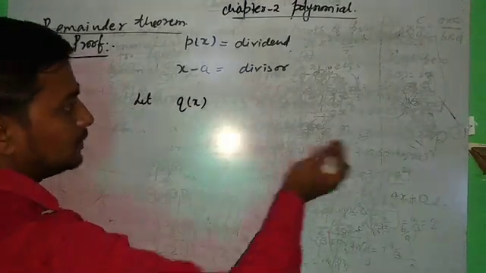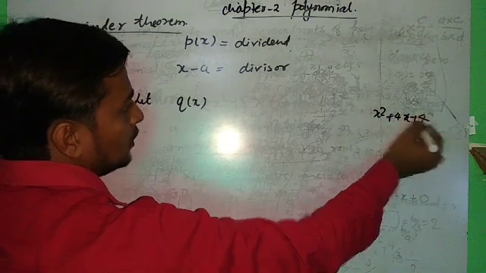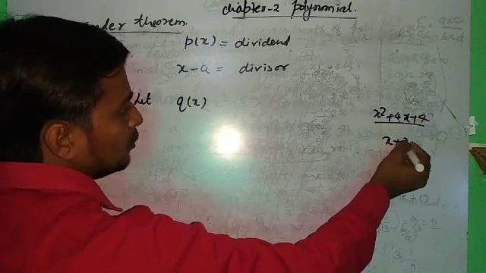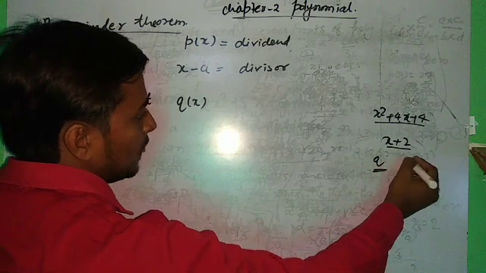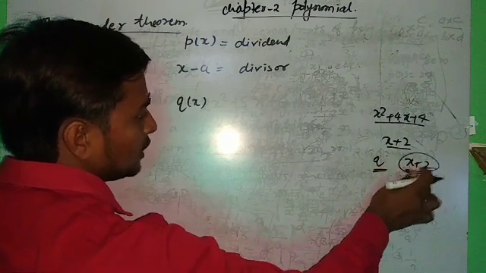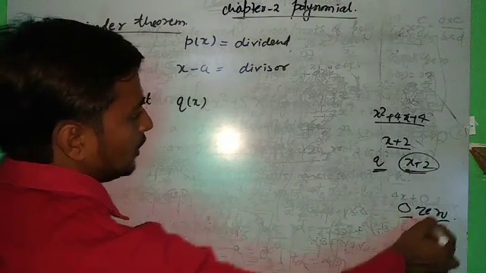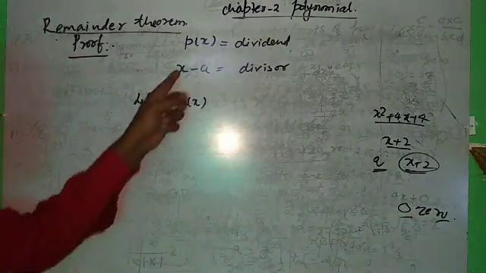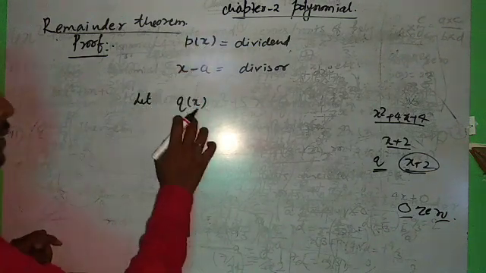Like before, x squared plus 4x plus 4 was the dividend, x plus 2 was the divisor, so the quotient came x plus 2, that was also a polynomial, and the remainder 0 is also the zero polynomial. Similarly, if a polynomial p(x) is divided by a polynomial, something will come as a polynomial.